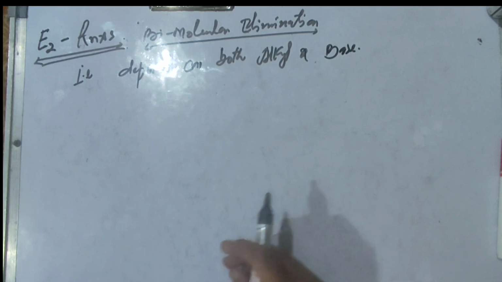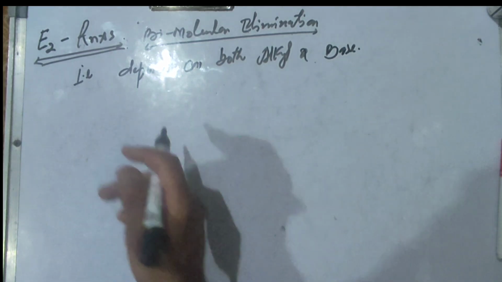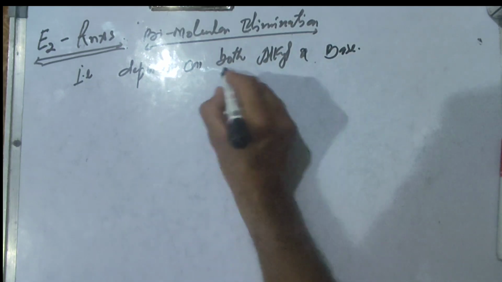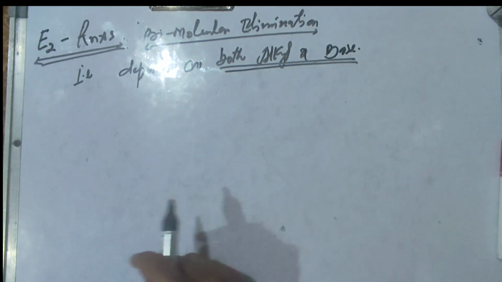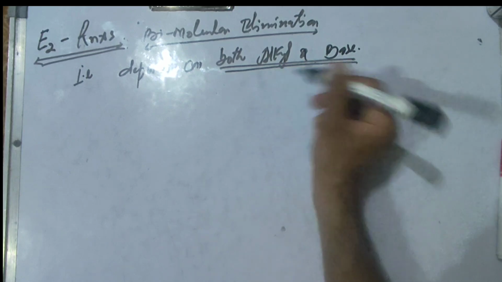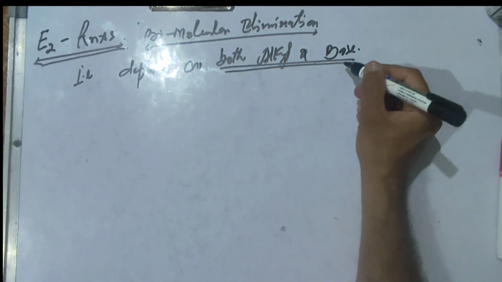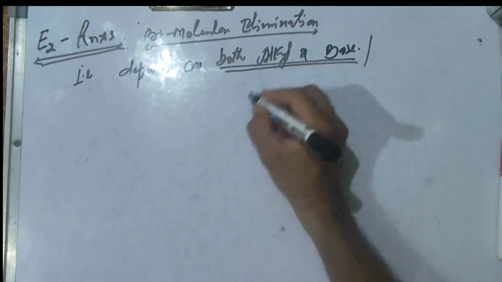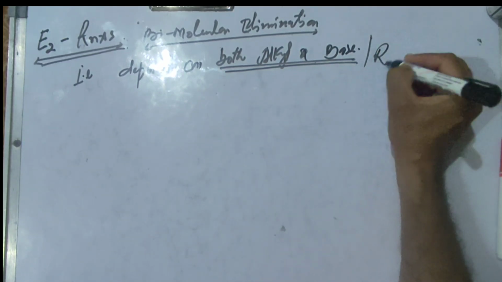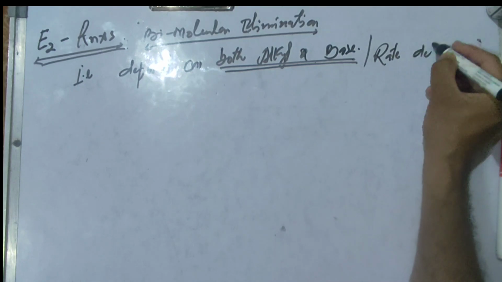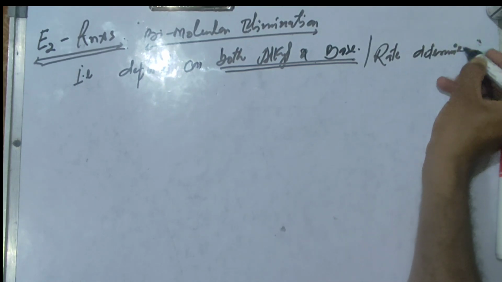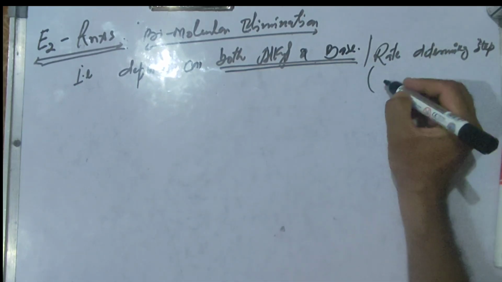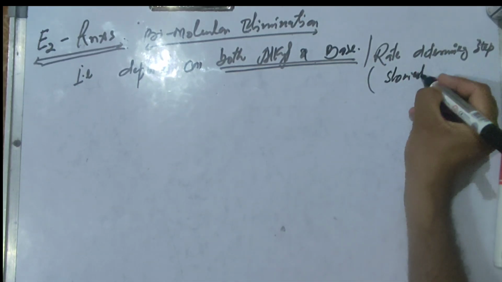For bimolecular or E2 elimination reactions, the rate of reaction is determined by both the alkyl halide as well as the base. So both the alkyl halide and the base are involved in the rate determining step of the reaction, usually the slowest step.